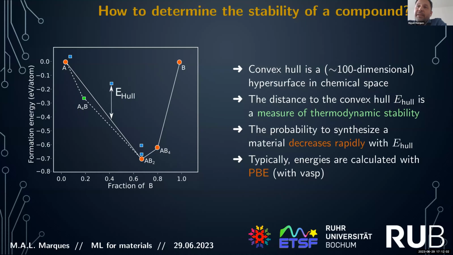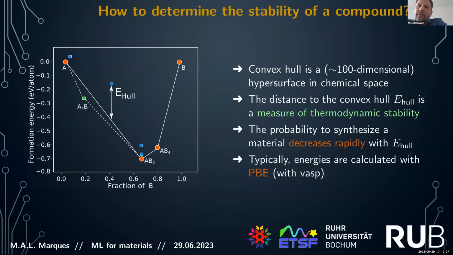In fact, the probability to synthesize a material decreases very rapidly with the distance to the convex hull. If this is beyond a couple of 100 milli-electron volts per atom, then it's very unlikely that this material can be synthesized. Our energies are calculated with density functional theory, normally with PBE. There are other possibilities.